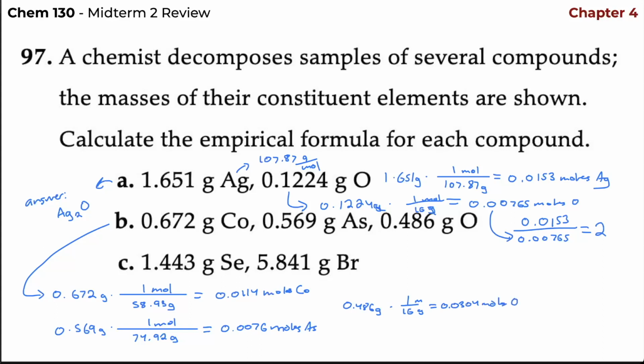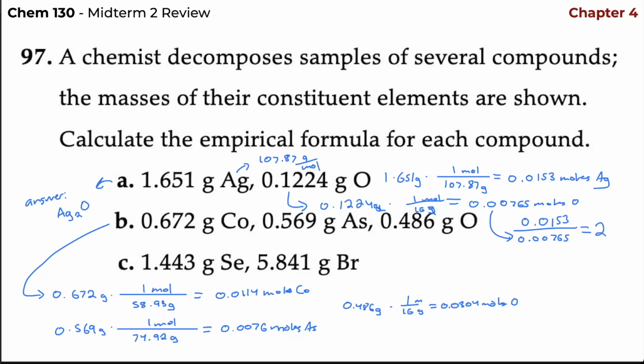Now, here's the thing. For this one, it's going to be a little bit more complicated since we're not just dividing two numbers. One, two, three different numbers we have to keep track of. But still, it's doable. The trick is to divide all of them by whichever one is the smallest. Here we see the smallest is 0.0076.